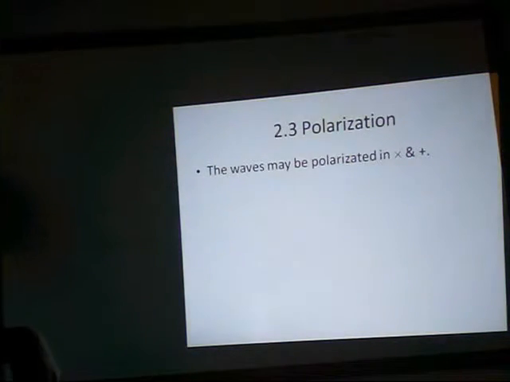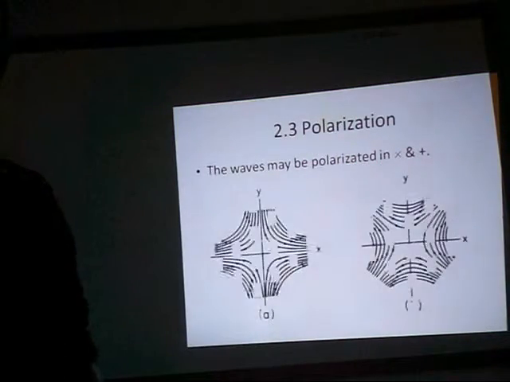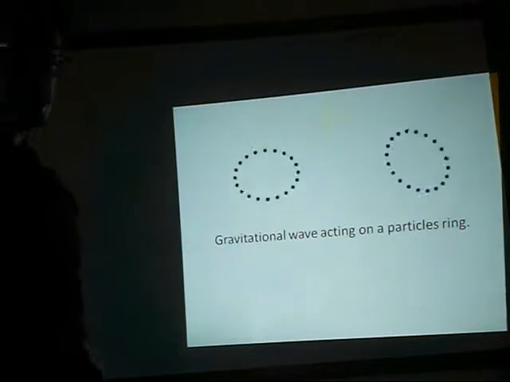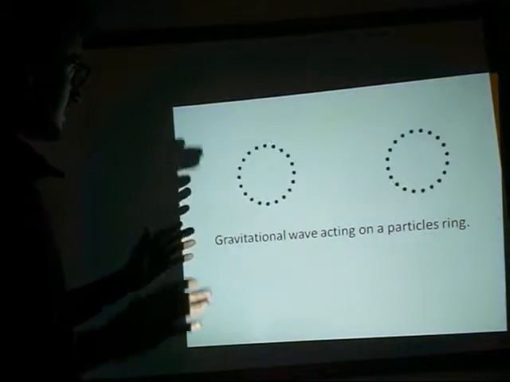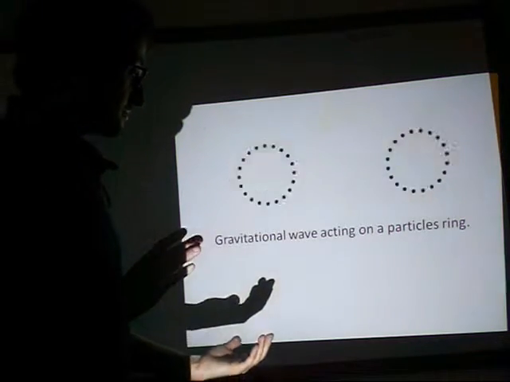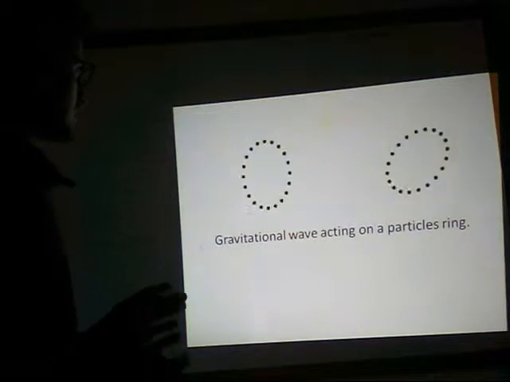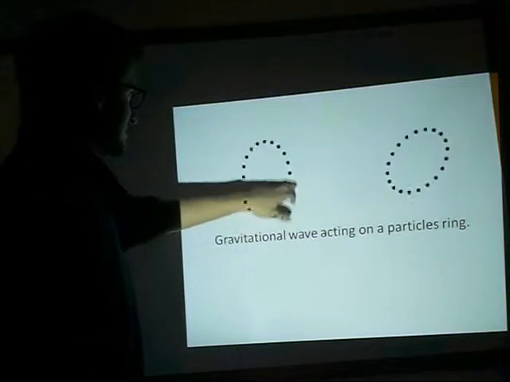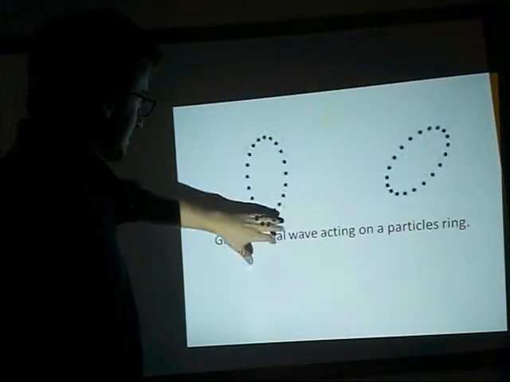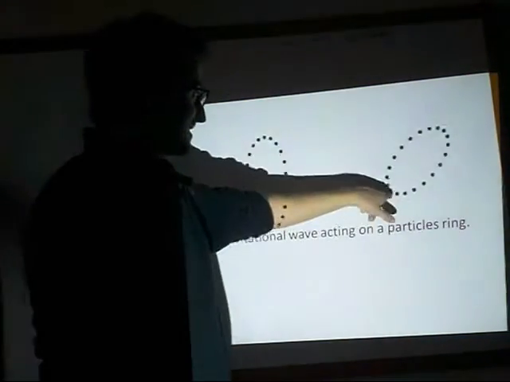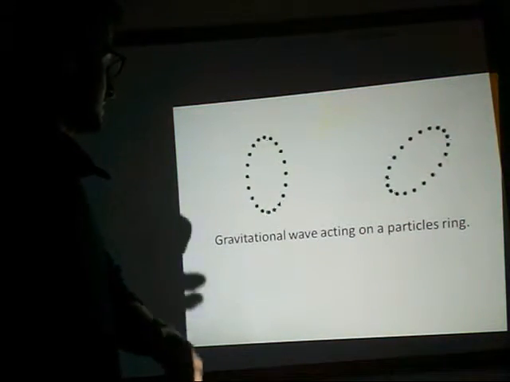And well, the polarization. The waves can be polarized in X form and in plus form. In this example, we have a ring of particles. If a gravitational wave is incident on this ring, the particles oscillate like this or like this depending on the polarization of the wave.